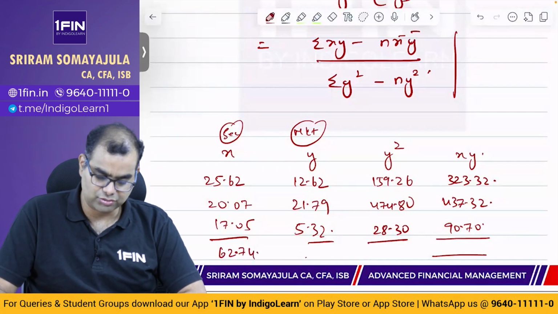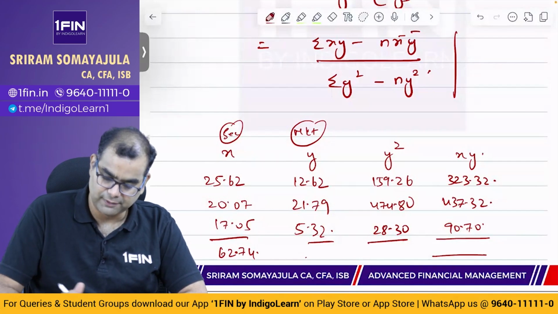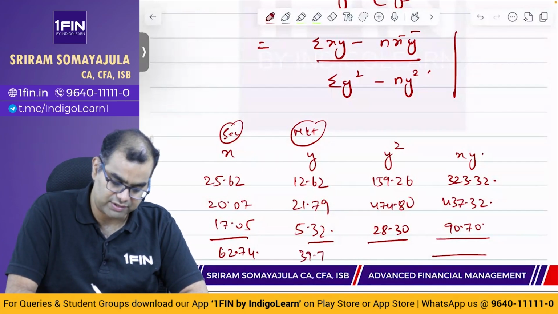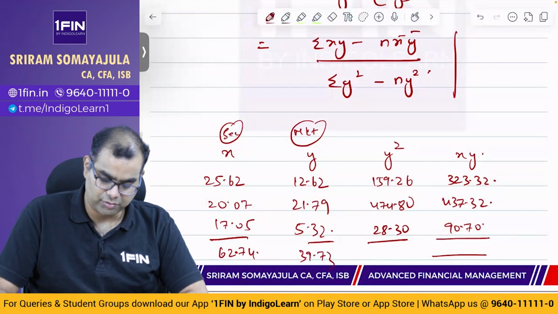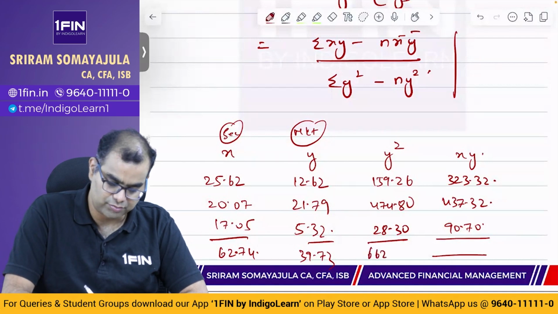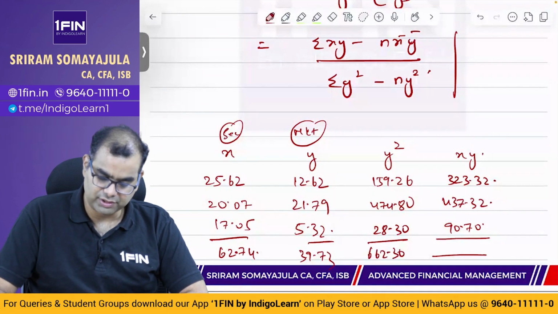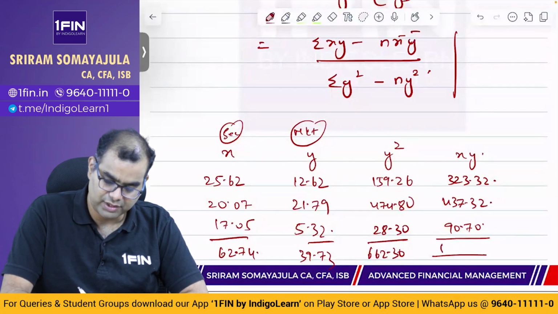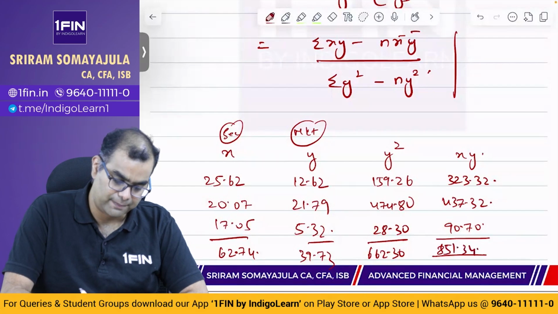Then 12.62 plus 21.79 plus 5.32 is equal to 39.73. 159.26 plus 474.80 plus 28.3 is equal to 662.36. 323.32 plus 437.32 plus 90.7 is equal to 851.34.